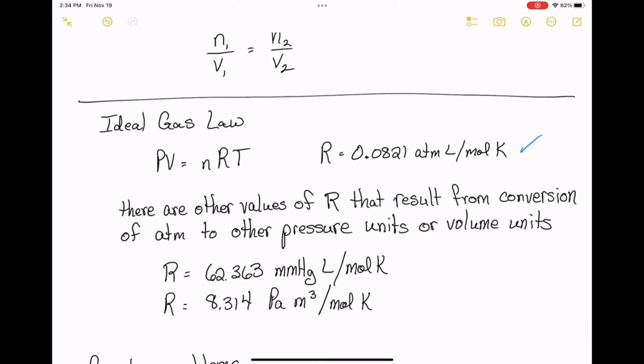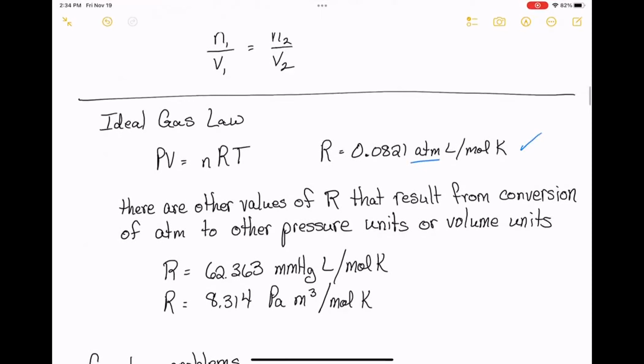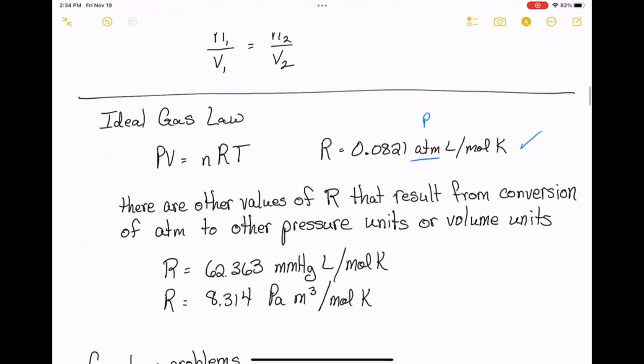When we start talking about ideal gas constants, I often refer to them as dictators because they literally dictate the units for everybody. According to the ideal gas constant I will give you, the pressure unit better be in atmospheres.